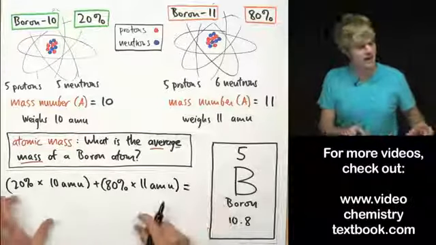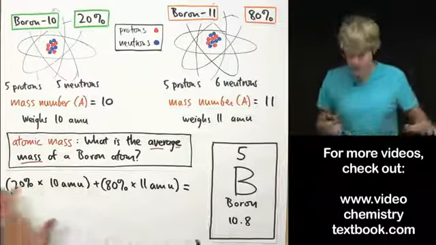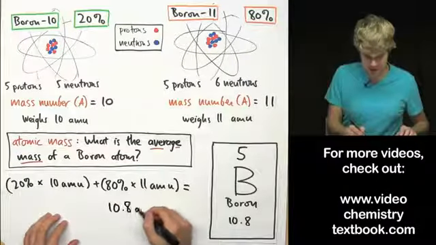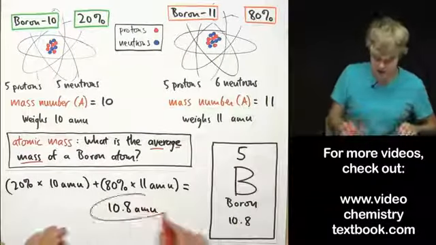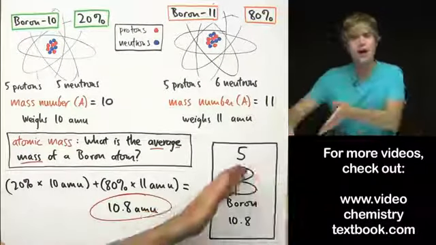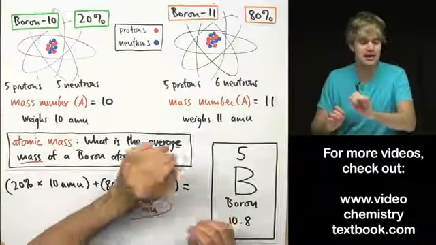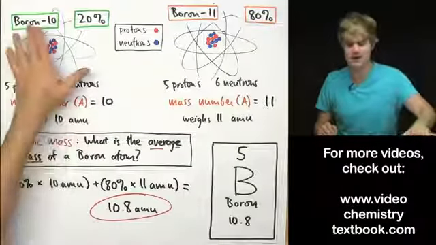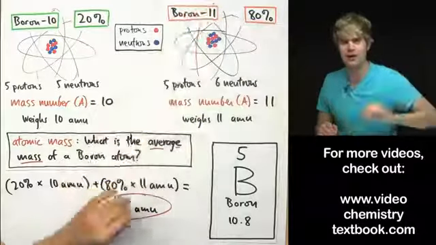And we do that math, we have to convert the percentages into decimals, but when we crank through this, we end up with 10.8 AMU. And this tells us what the average weight of a boron atom is, taking into mind that only 20% of the boron atoms out there are boron 10, and 80% of the boron atoms out there are boron 11.